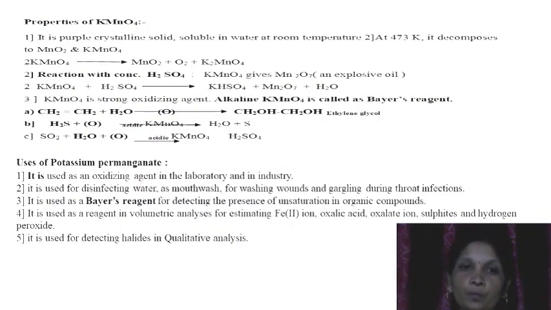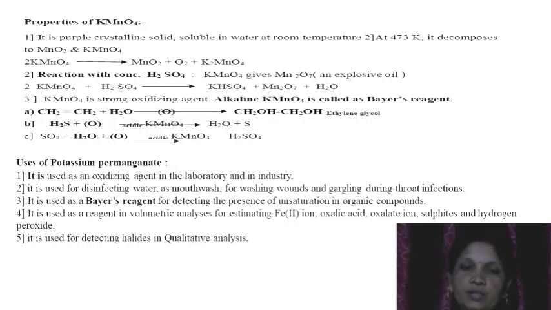Properties of KMnO4. First property, it is a purple crystalline solid soluble in water at room temperature. At 473 K, it decomposes to MnO2 and potassium manganate, that is K2MnO4. See the reaction: 2 KMnO4 giving MnO2 plus O2 plus K2MnO4.